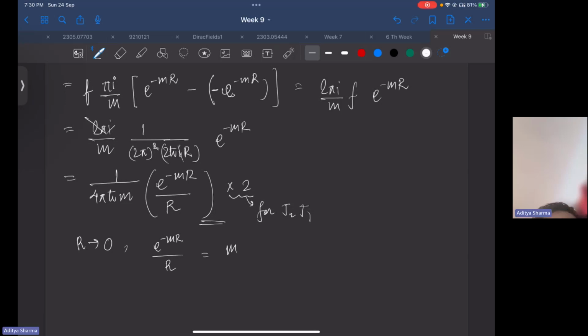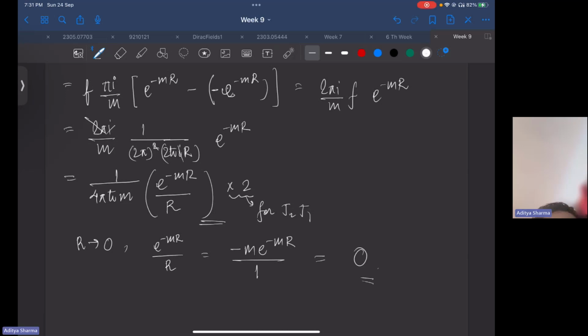You differentiate, you're going to get minus m e to the power minus mr. So r tends to 0, 0 by 0. So you do L'Hopital's rule, and you're going to get m minus m here, and you're going to get 1. Now take the limit, r tends to 0.